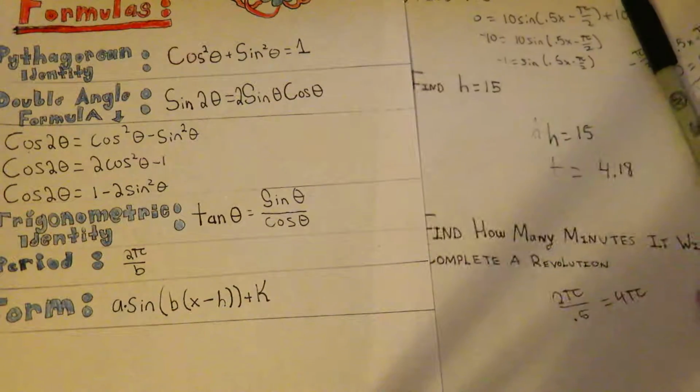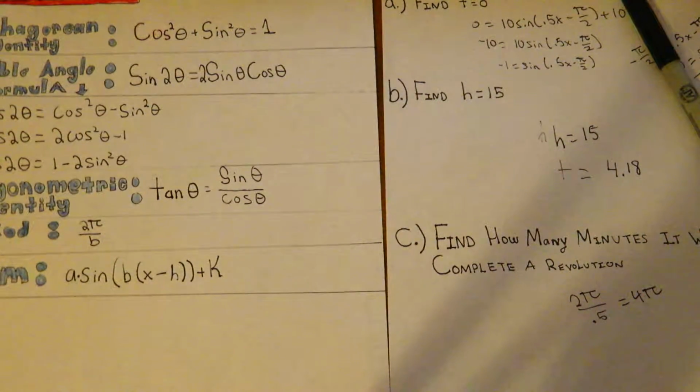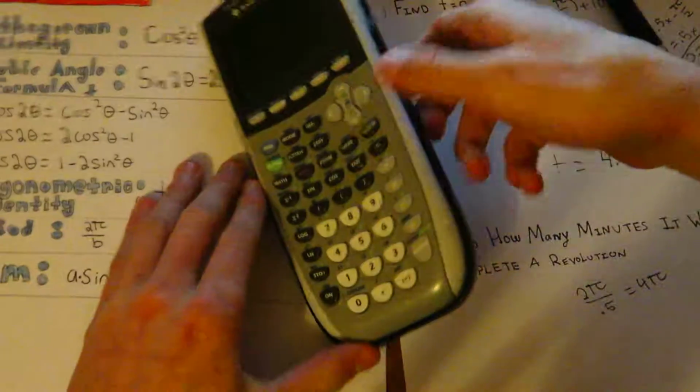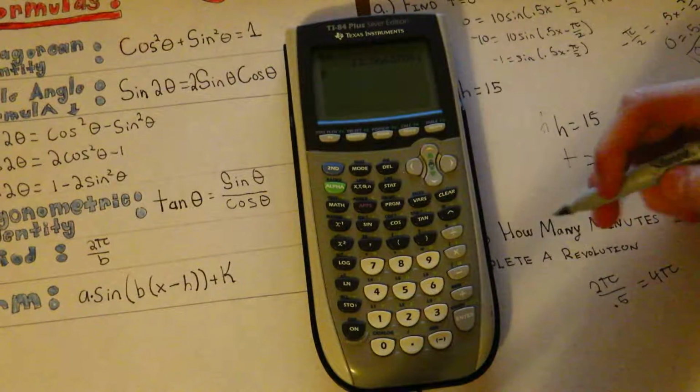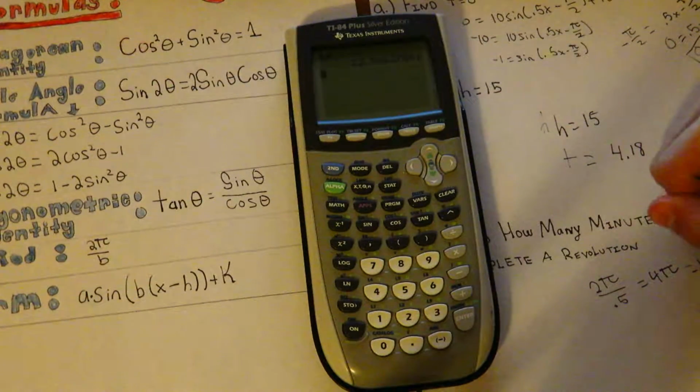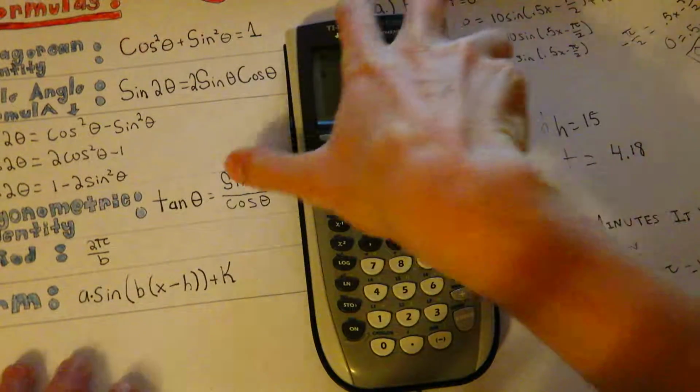So now you know that it takes 4 pi, which is around, if you put it into your calculator, 12.5 minutes to complete a full revolution.